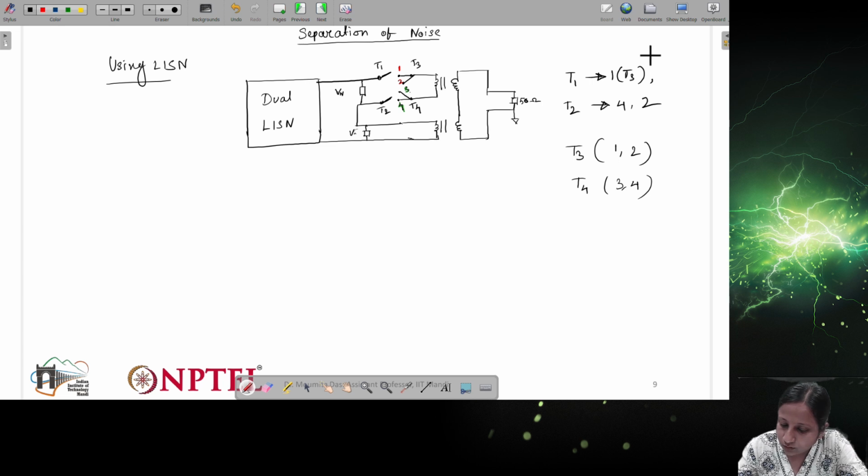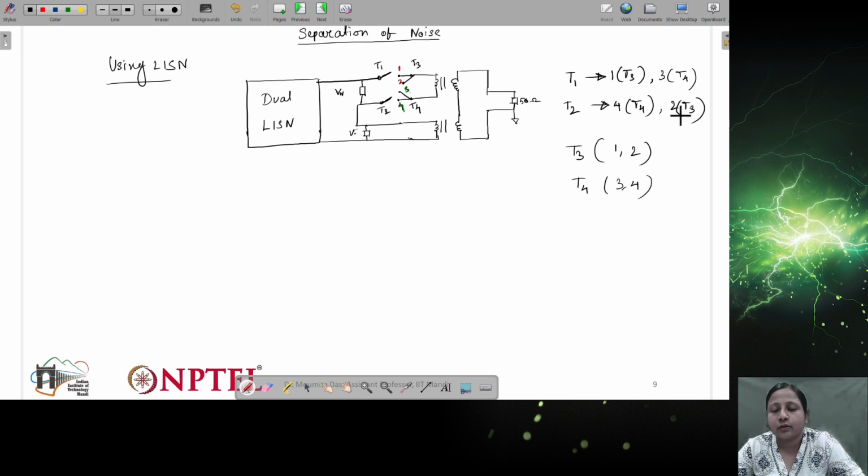When it is connected to 3, it is connected to T4. Similarly, T2 can be connected to 4, and at that time it is connected to T4, and when it is connected to 2, it is connected to T3. So both can be connected to both points.